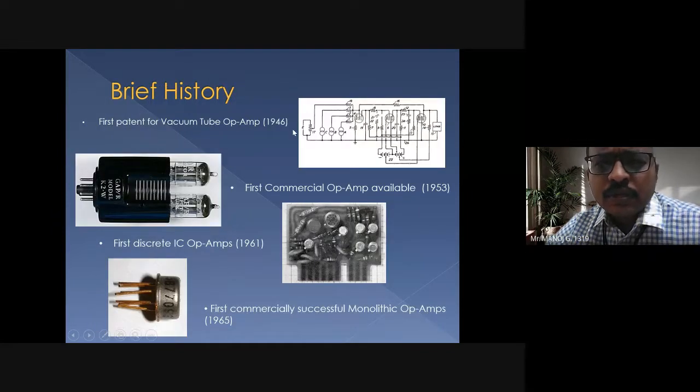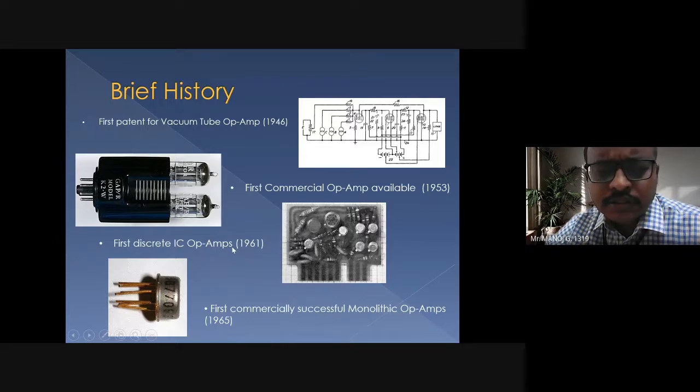Now, when you look at the brief history of the op-amp, it started from the vacuum tubes. Way back in 1946, the vacuum tube operational amplifiers were designed, and then it went into commercialization. The first commercial op-amp was available in 1953. Then we had discrete op-amps coming into existence in 1961.